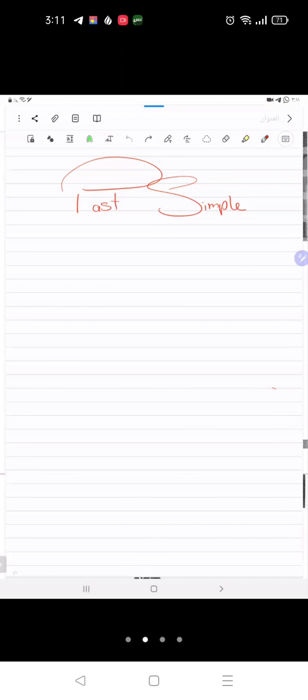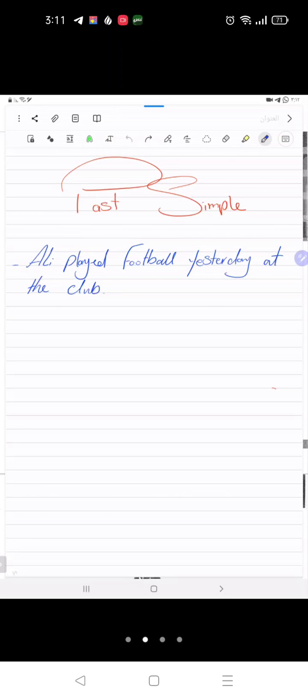Number one, look at this example to understand the meaning of the past simple. If I'm saying, Ali played football yesterday at the club.